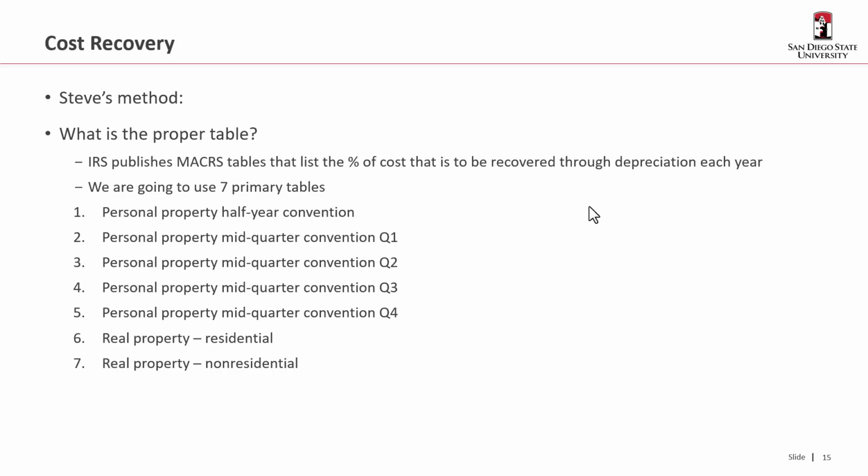There are. But I would say that these 7 tables probably cover 95% of all depreciable assets placed in service, unless you work somewhere like a utility or a gas pipeline or something really unusual. For the most part, everything is depreciated using one of these tables.